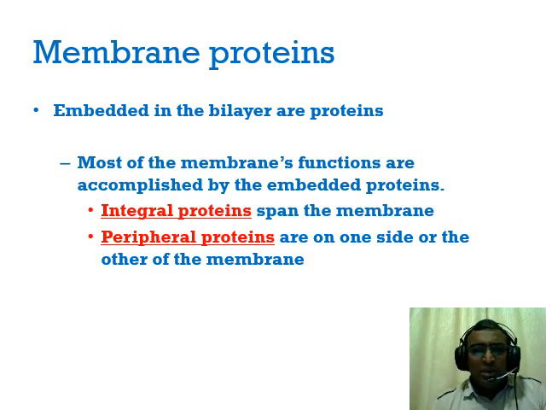The membrane proteins are embedded in the lipid bilayer, and could be either integral or peripheral. The integral embedment runs across the lipid bilayer, while the peripheral protein will be on the inside of the cell membrane of the lipid bilayer.